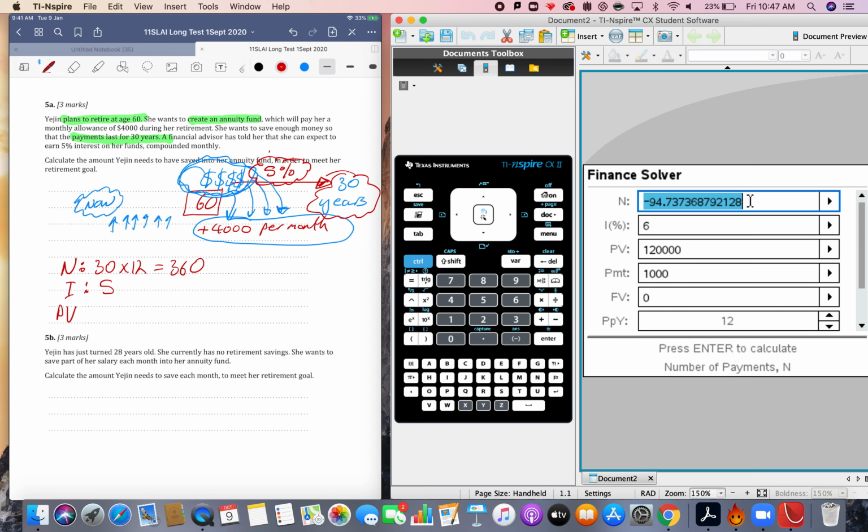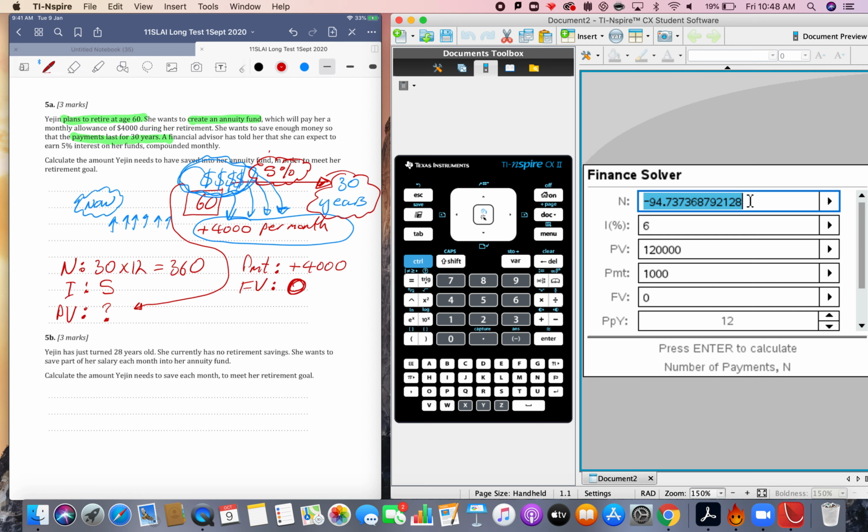The present value is the amount of cash here, and that's something we don't know. The PMT, the payment, is 4,000 and it's coming towards her, so it's a plus. The final value, after the 30 years, needs to be 0. It's all been used up.